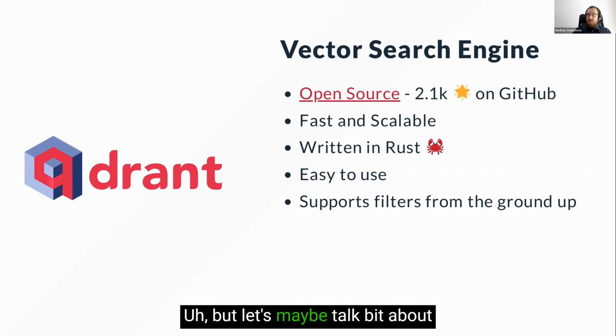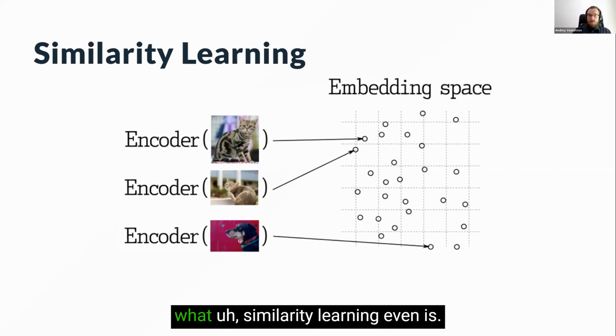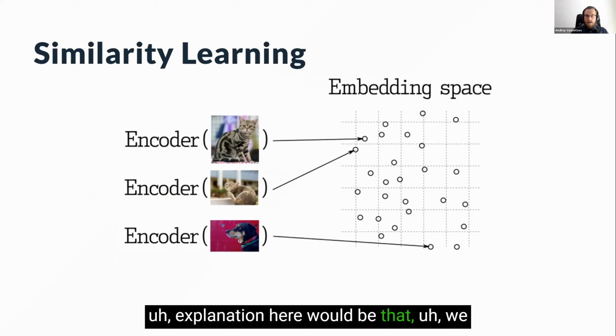But let's maybe talk a bit about what similarity learning even is. I guess the simplest explanation here would be that we have some encoder, some model, some neural network, which can convert our objects into embedding space, into vectors.